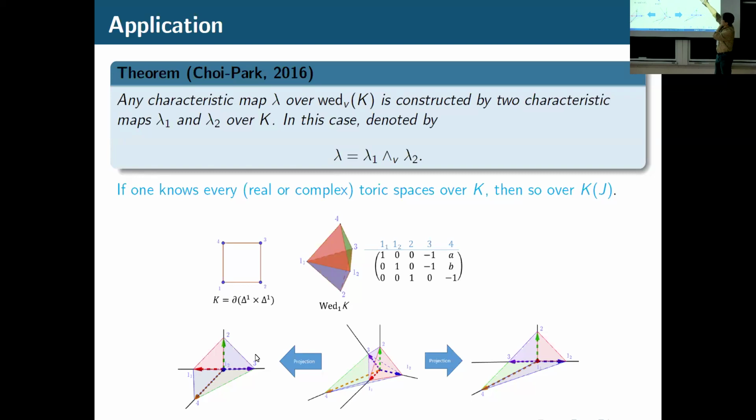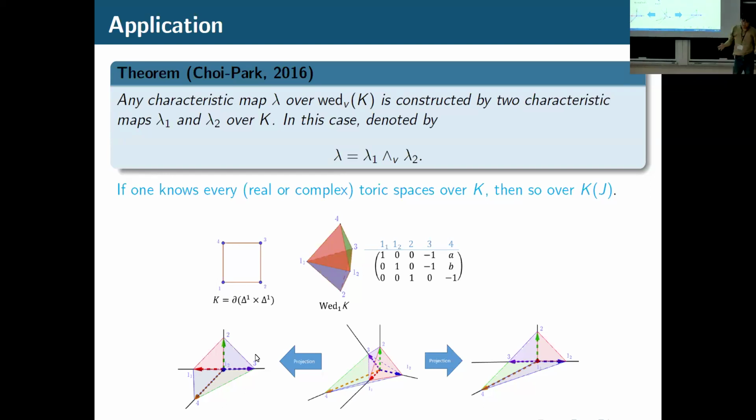But what I did with Hanchul in 2016 was that we can do it conversely. If you have two characteristic maps over K, then there is at most one simplicial complex, the characteristic map over the wedge of K, whose projections are the given two.